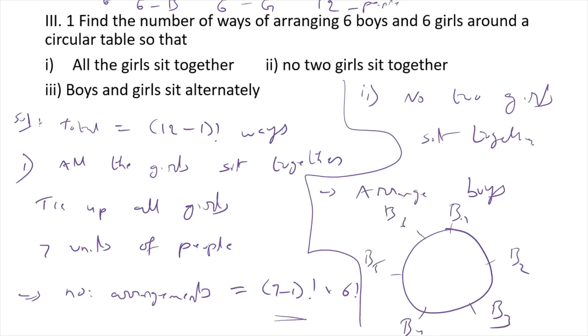We can arrange these 6 boys in 5 factorial ways. After arranging these 6 boys, we have first gap, second gap, third gap, fourth gap, fifth gap and sixth gap. So we have 6 gaps. So I can arrange these 6 girls in these 6 gaps in 6 factorial ways.